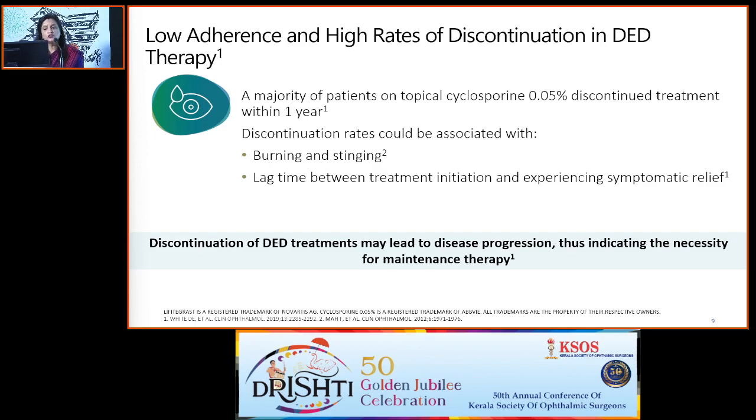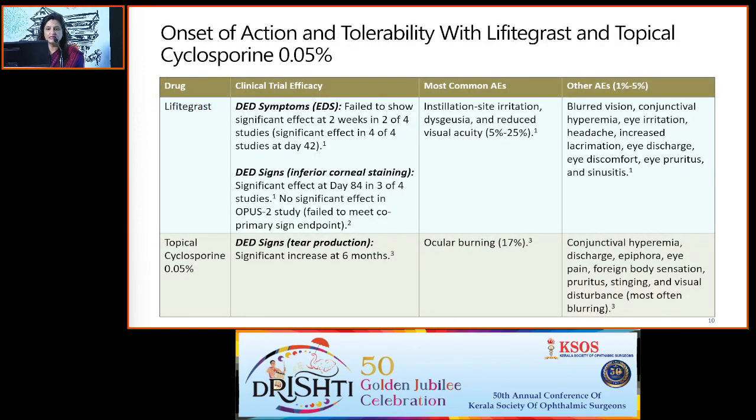So discontinuation does occur in these patients, mainly because of burning and stinging and the lag time between treatment initiation and experiencing symptomatic relief. This may lead to disease progression, especially when the patient discontinues, and so you do require a maintenance therapy.